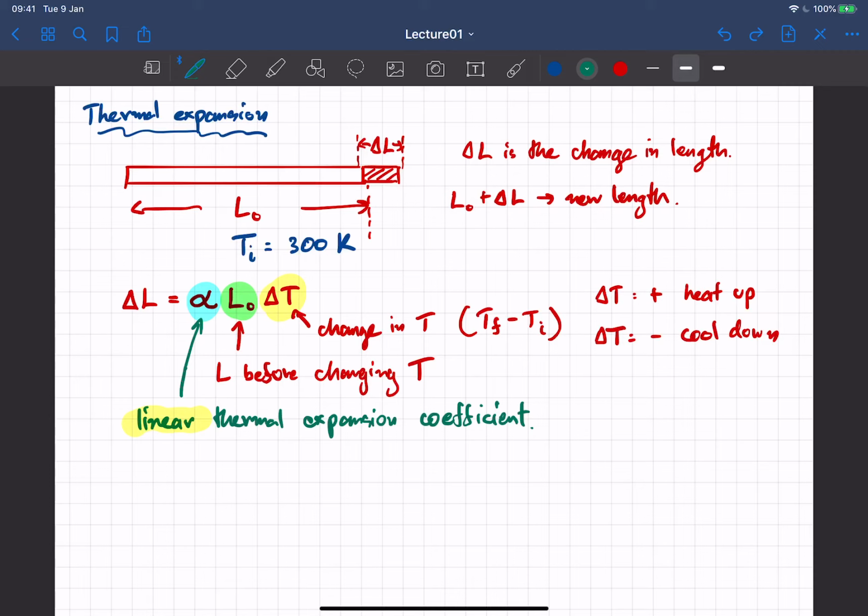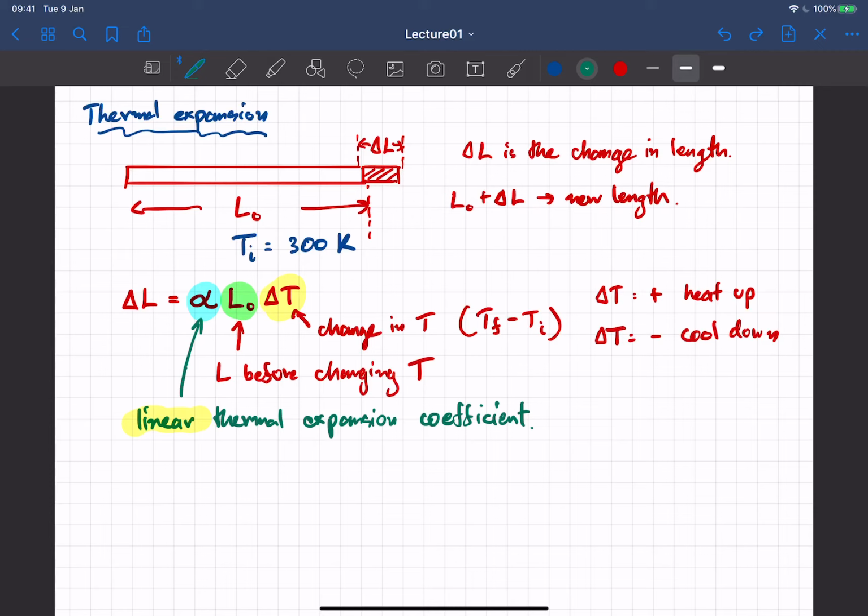Later on, we're going to talk about the area expansion and the volume expansion, which is not the increase in the length, but the increase in the area or the volume. In that case, we're going to have not the linear thermal expansion coefficient, but something else. But for most metals or any solid stuff, we're going to talk about linear. And thermal expansion coefficient is self-describing.